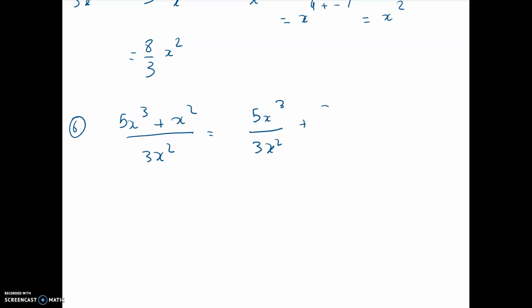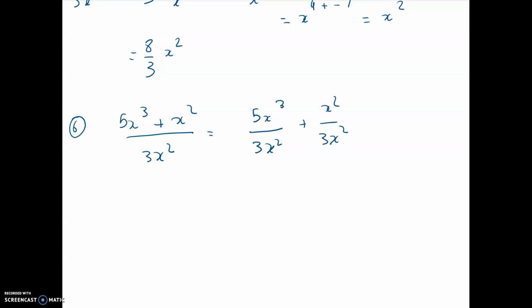Now, if I look at problem number 6, this time we have 5x cubed plus x squared over 3x squared. We have two terms on the top and one term on the bottom, so that could be written as 5x cubed over 3x squared plus x squared over 3x squared.